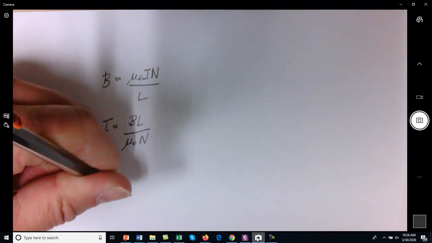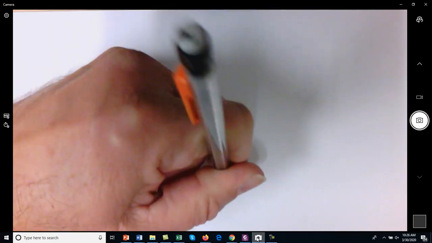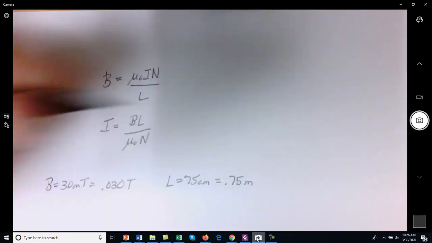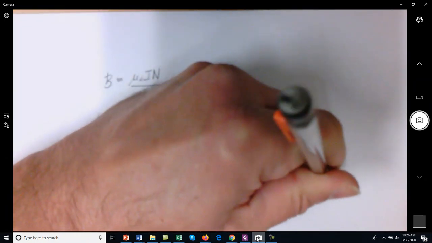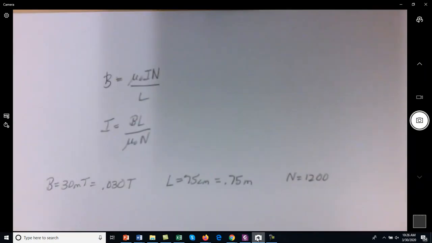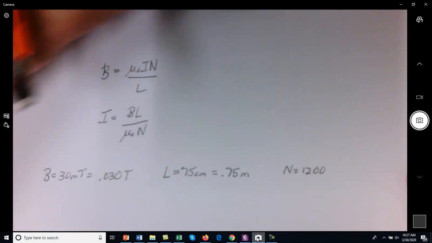So B is 30 millitesla, which is 0.030 Tesla. Our length is 75 centimeters, which equals 0.75 meters. And our number of turns N is equal to 1,200 turns.